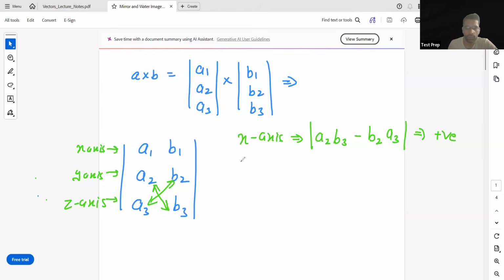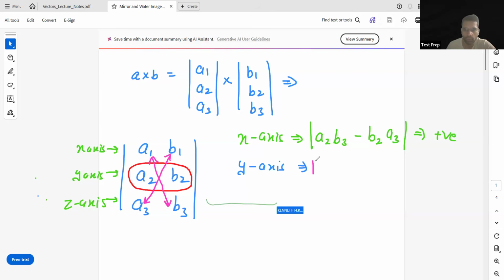Second one, if you have to find the value of y-axis, means the value of this one, so this one will be eliminated, and we have to find the product of B1 and A3, A1 and B3.